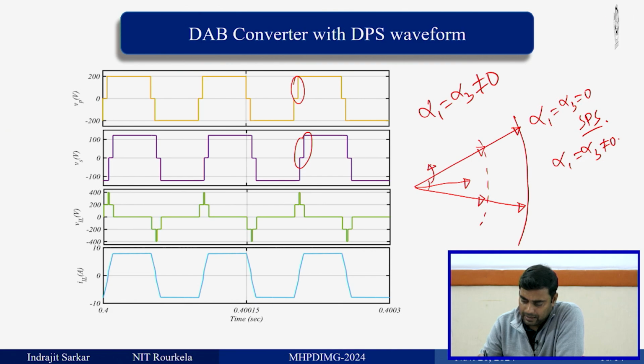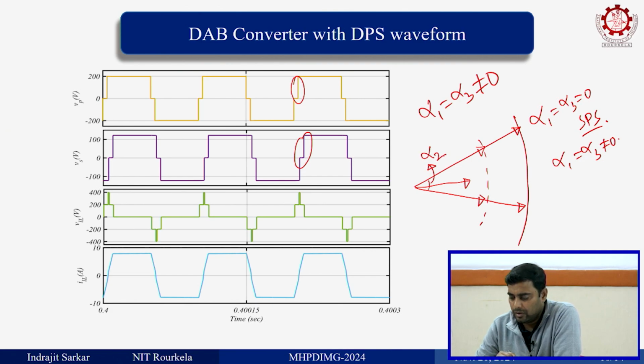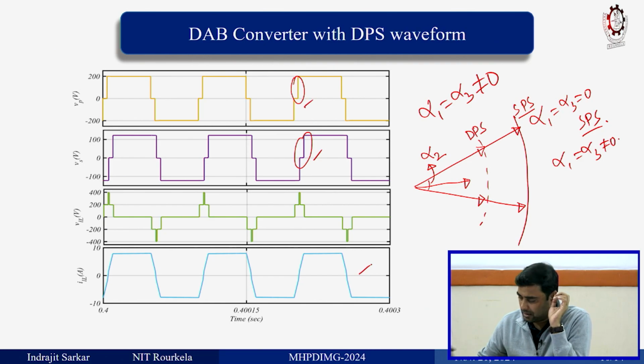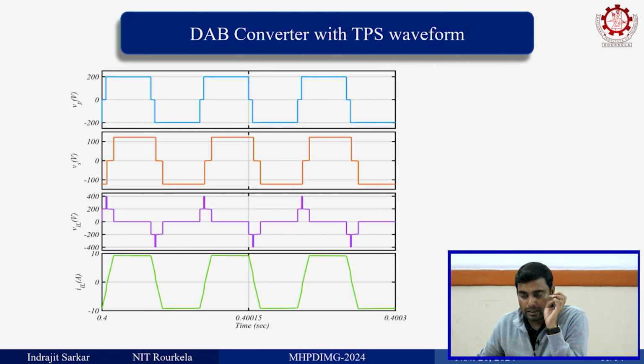This angle is alpha 2. So this is SPS and this is DPS. Here we introduce the same internal phase shift to both the bridges. This is the inductor current for DPS.